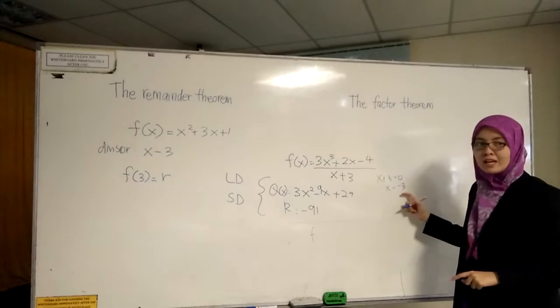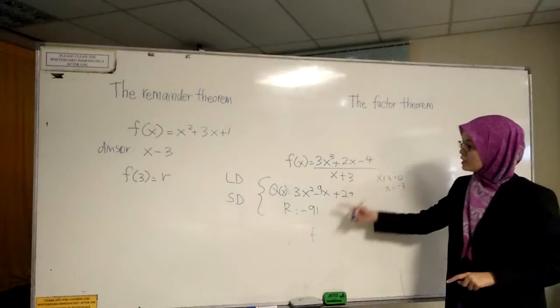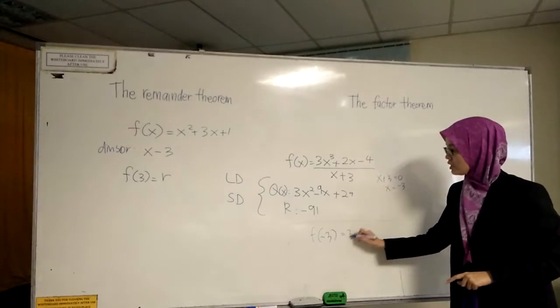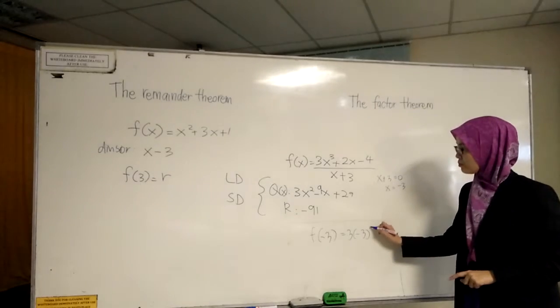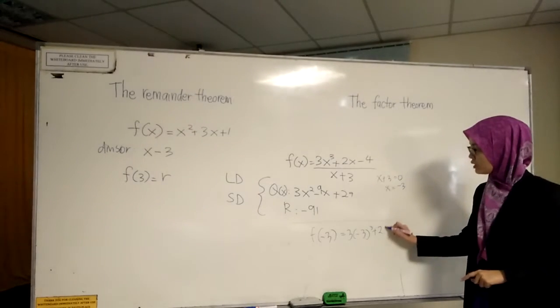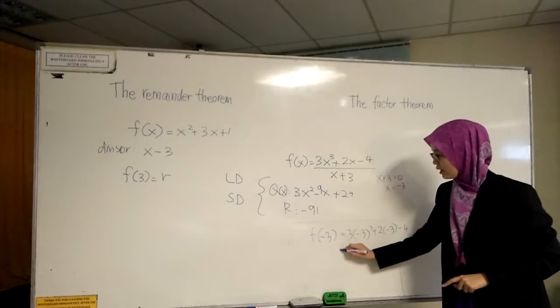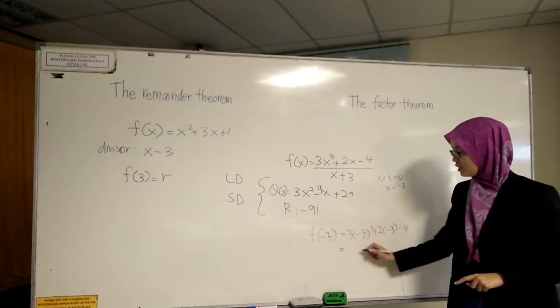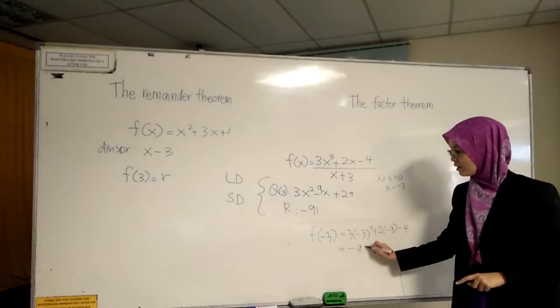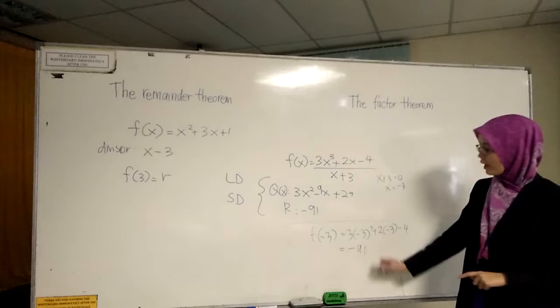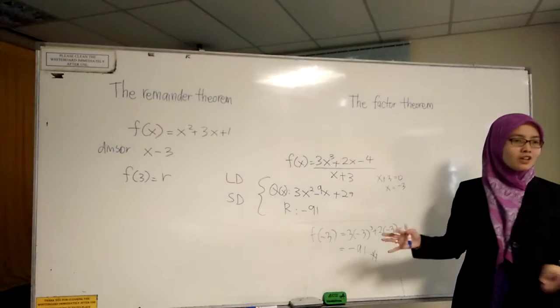We substitute the value inside the polynomial: 3 times negative 3 cubed plus 2 times negative 3 minus 4. Here you get negative 91, without using long division.